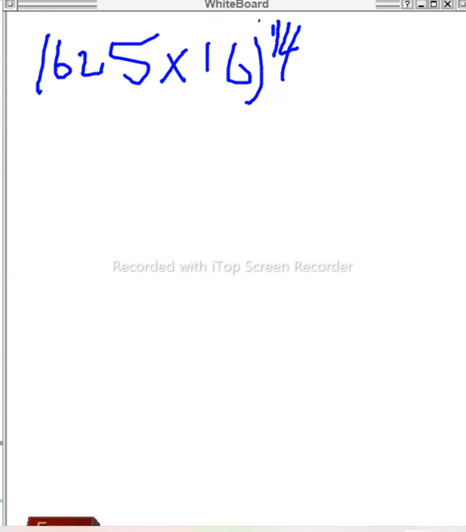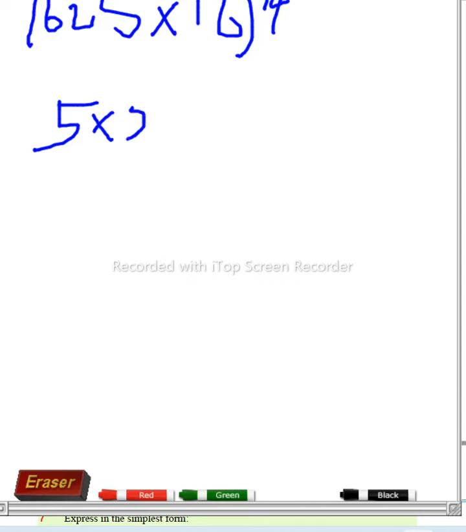This means 625 is 5 to the power of 4. As we know, 625 is the same as 5 times 5 times 5 times 5, 4 times, because 25 times 25 is the same as 625.